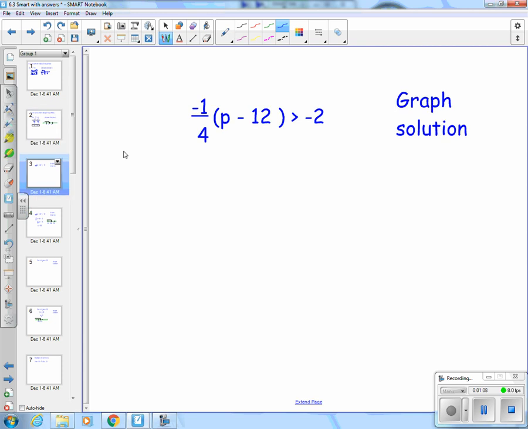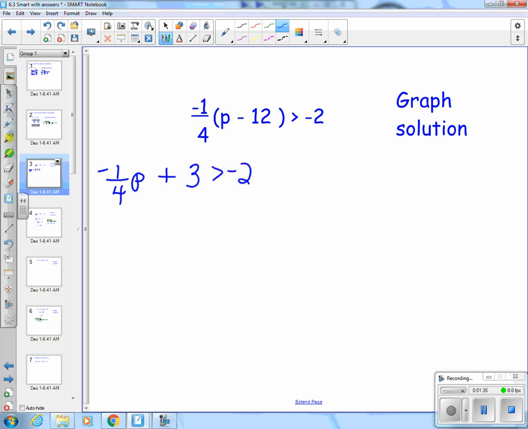When we have a fraction with a set of parentheses, you can distribute that fraction inside the parentheses, or you can multiply by the reciprocal on both sides. So I can make that negative 1/4 times p plus 3 greater than negative 2.